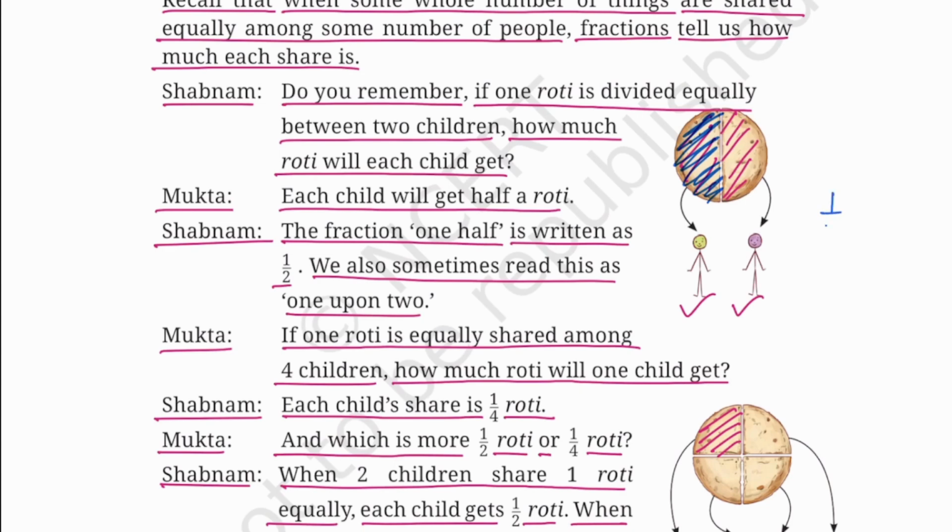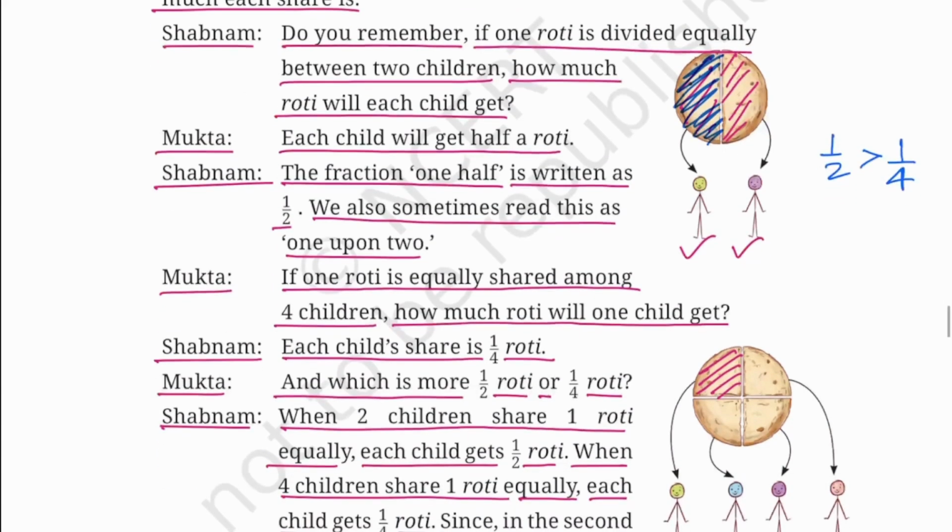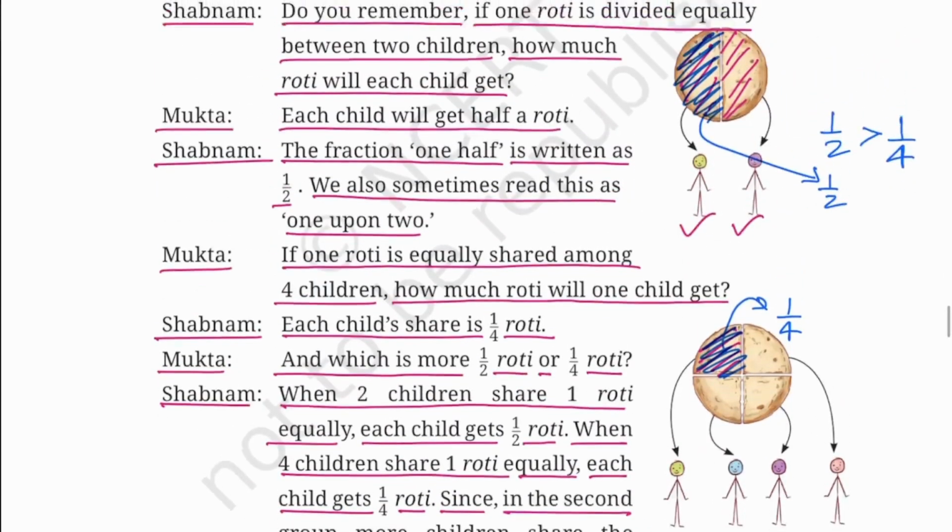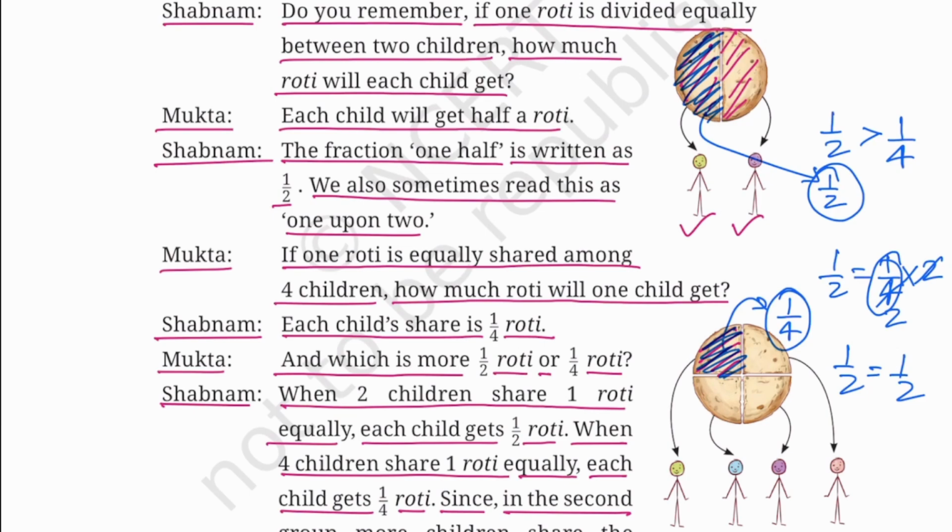So 1 upon 2 is more than 1 upon 4. 1 upon 2 is double of 1 upon 4. You can see it here. I have doubled 1 upon 4.